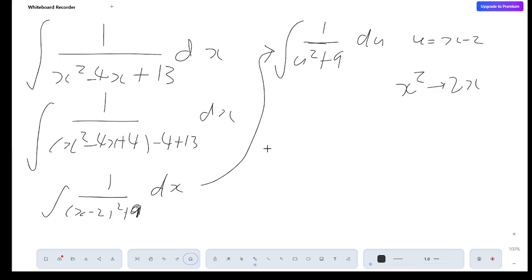So now we can recognize that the identity for differentiation is this: tan inverse of u on a, and the differentiation of that will equal a over u squared plus a squared. So this is the differentiation identity, and as I said earlier, the differentiation of this is the primitive, this is what we're trying to find, and this is the result from the differentiation.